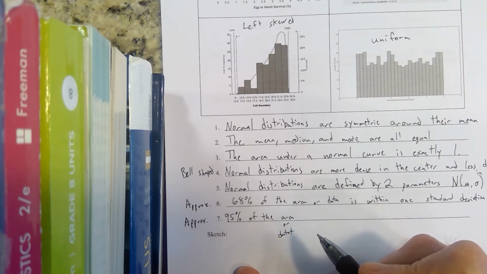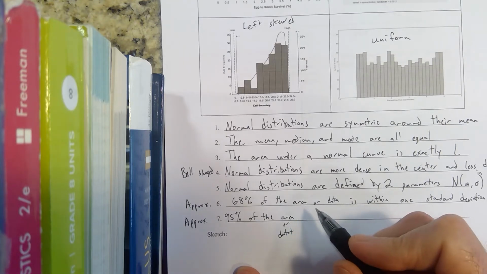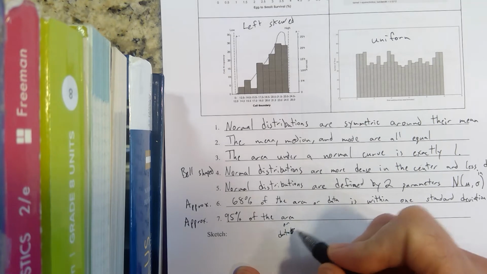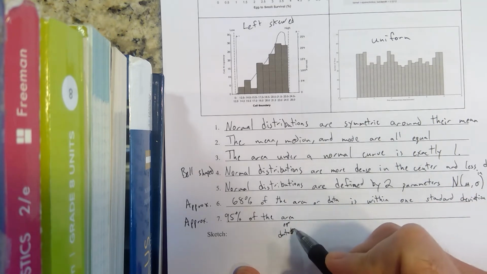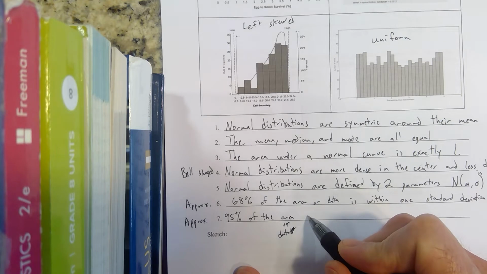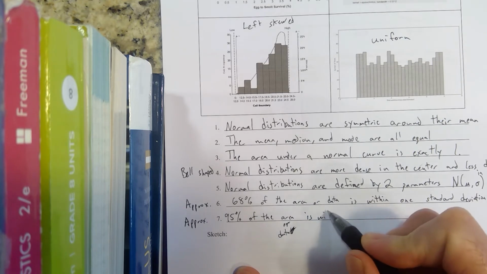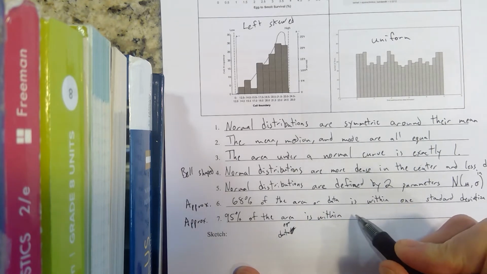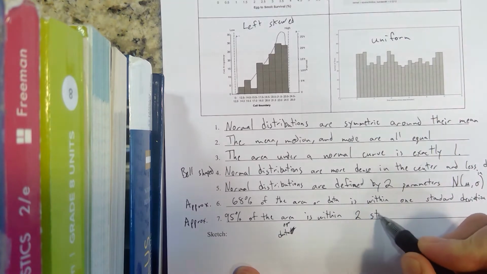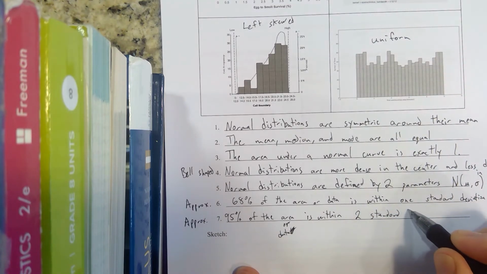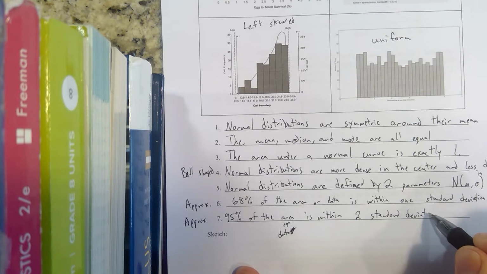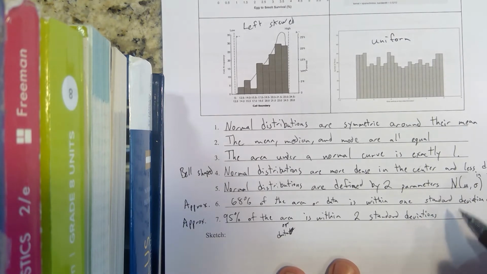Because it's a histogram of the data set. So the area or data is within 2 standard deviations of the mean.